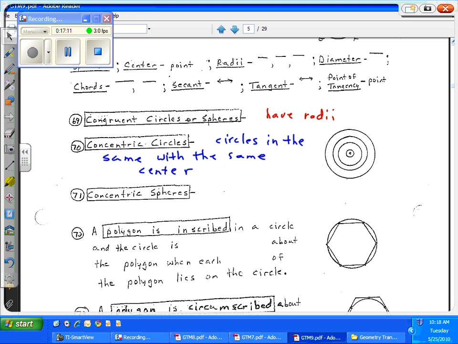One of the most familiar places we see concentric circles, besides in a target, is if you threw a rock in the water and the waves started going out in all directions, and you might could see those little waves rippling out in a concentric circle concept. Concentric circles are circles in the same plane with the same center.